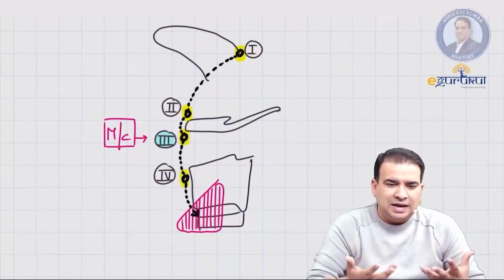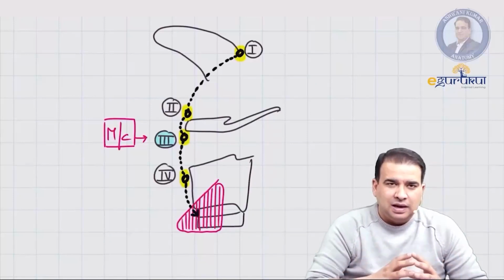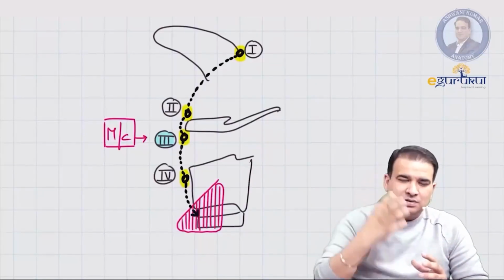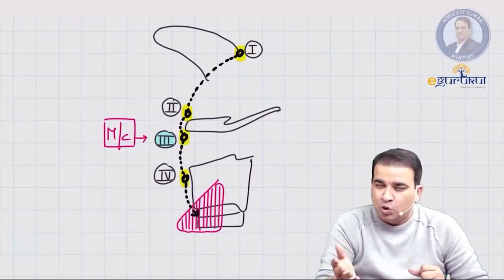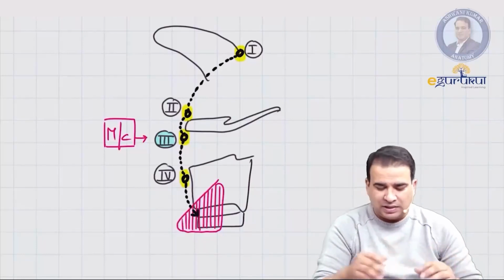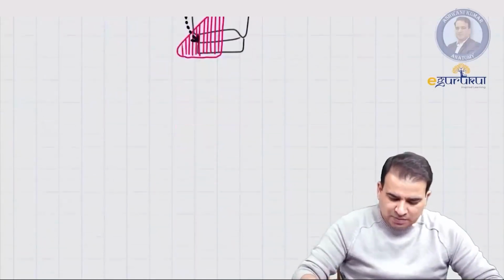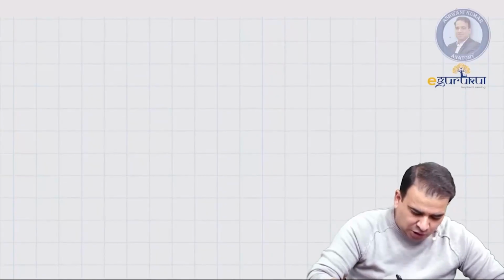I'm not going into the detail of the development of the eye and everything. Let us see which parts of the structures of the eyeball are derived from where, especially the difference between the neuroectoderm and the ectoderm. So let me write all these ocular derivatives for you.